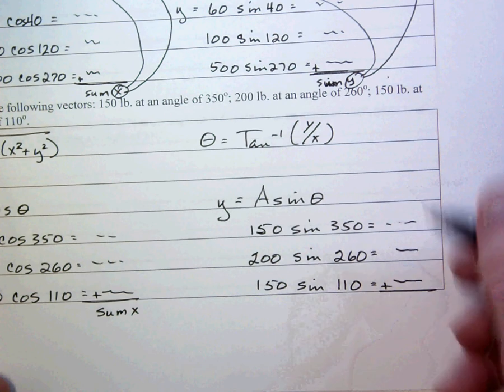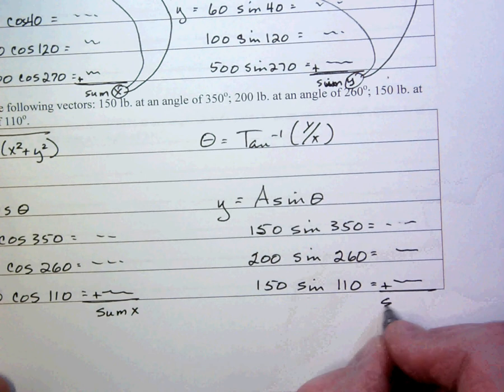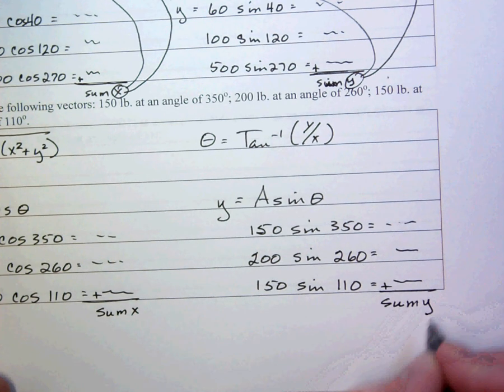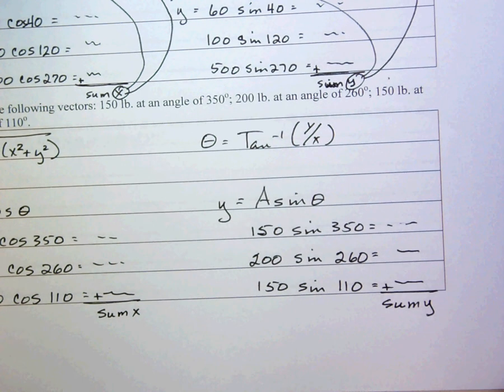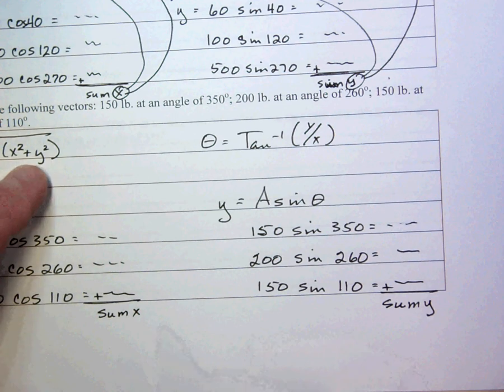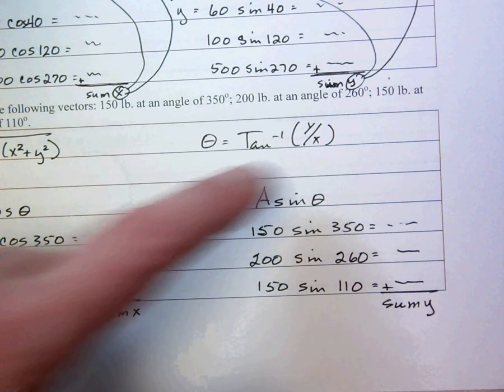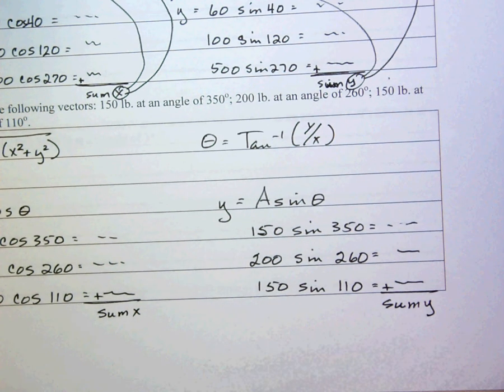All you're going to do is add these together to get a sum of your y values, then plug it into your resultant formula and your angle formula, and there it is.